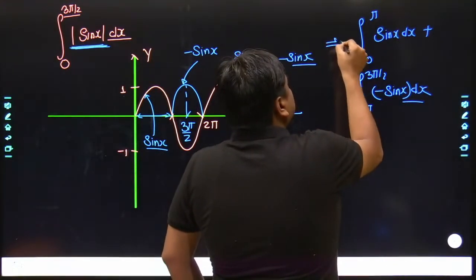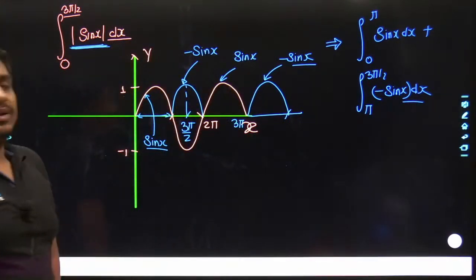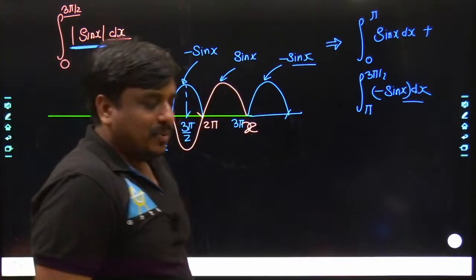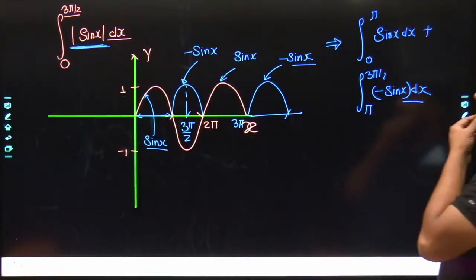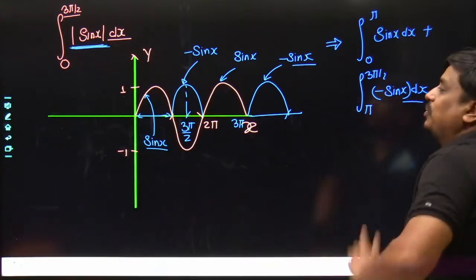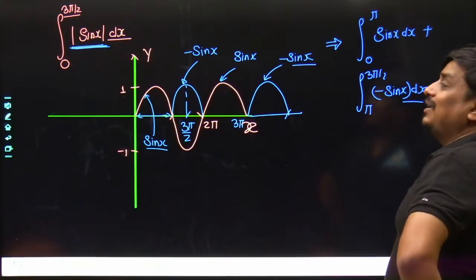And I have seen in the past few years, this sort of problem has repeatedly been asked. What they would do, deliberately they would design a function which would be a type of modulus function, and then they would ask you to get the area under the curve.